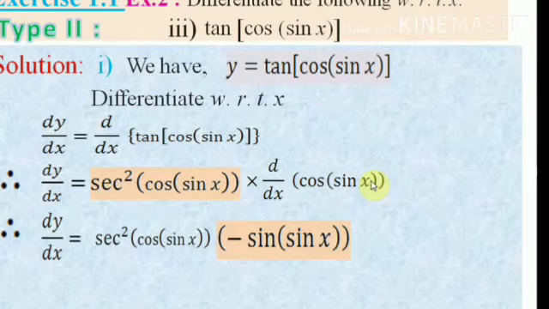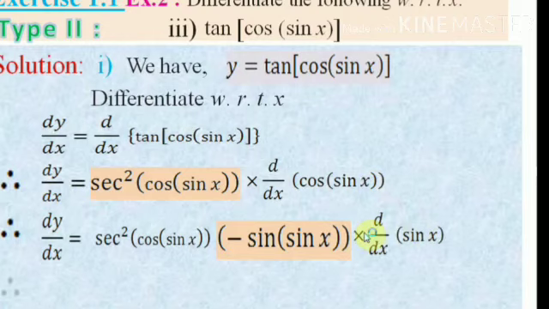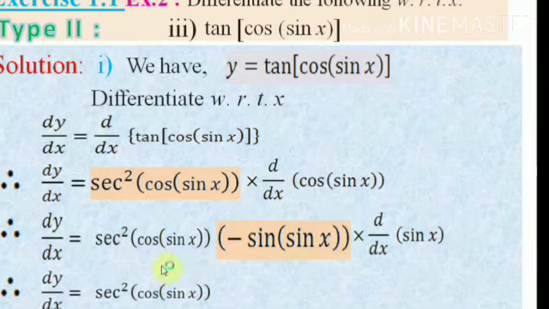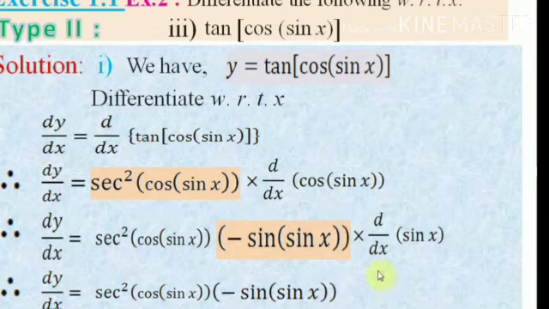Therefore again d by dx of v, that is sine of x, and therefore the derivative of y with respect to x, that is dy by dx equal to first term as it is, sec square of cos of sine x, into the second term as it is, minus sine of sine x, into the derivative of sine x, that is cos of x. Therefore dy by dx equal to minus sec square of cos of sine x into sine of sine x into cos of x.